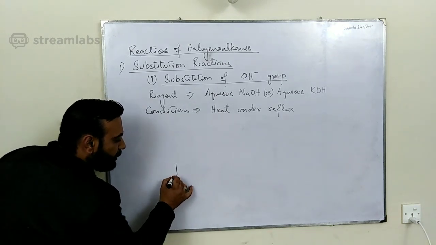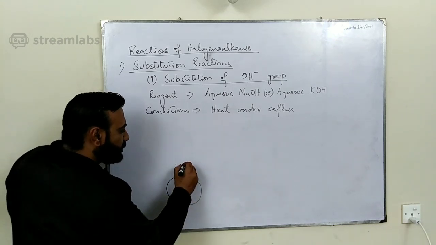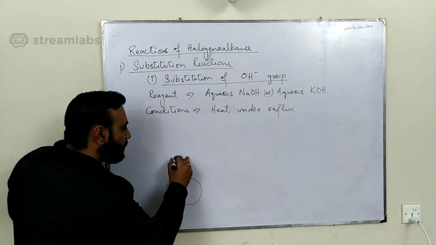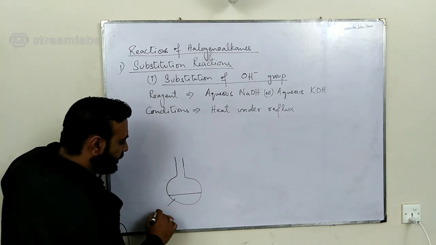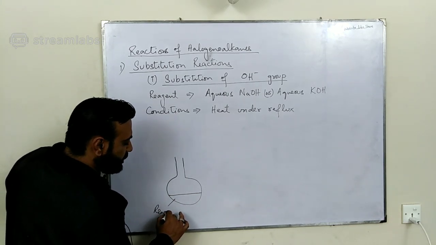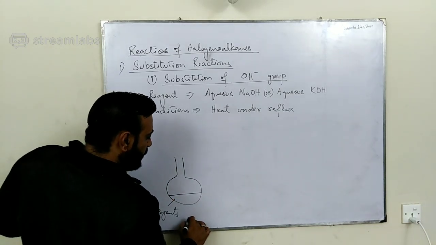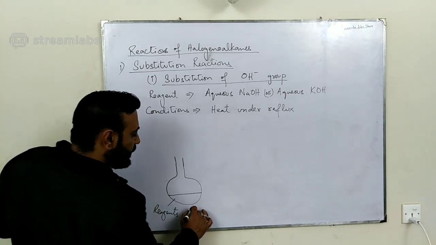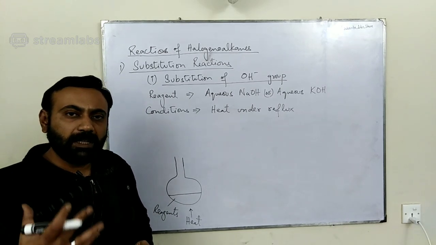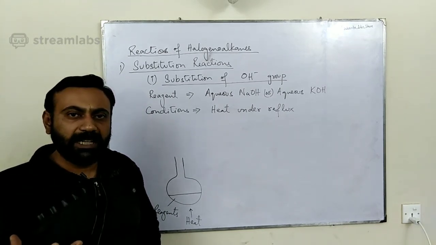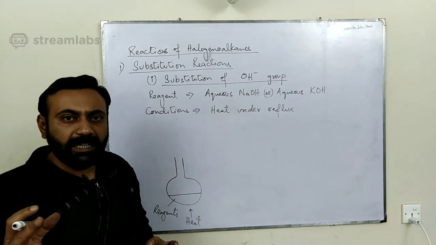For example, if we are carrying out the reaction in this round bottom flask, we have added the reagents here. The set of reagents are present right here, and we are heating this reaction mixture from the bottom. Now, why are we heating this from the bottom? Because heat is necessary for the reaction to take place. If we do not heat this mixture, the reaction will not take place.